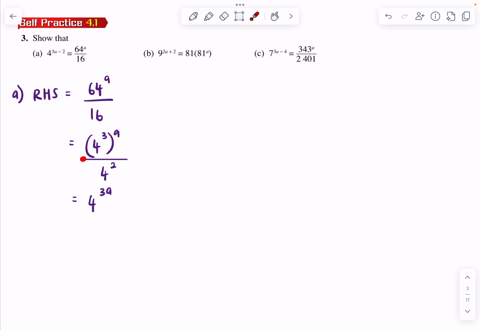And if you have divide, the powers will minus. So 3a minus 2. This is exactly the left-hand side now, and we can say shown. Okay, so we have shown that the right-hand side equals the left-hand side.